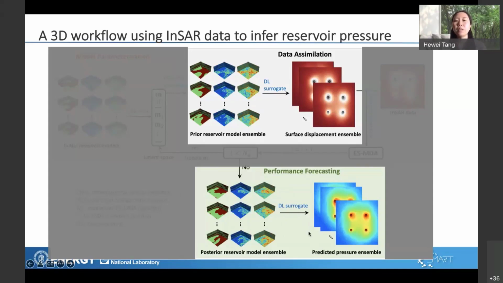Here we are using the same neural network structure but training it with different data sets to build these two surrogate models, since they follow the same 3D input and 2D output structure. I will use the surface displacement one as an example to introduce it.